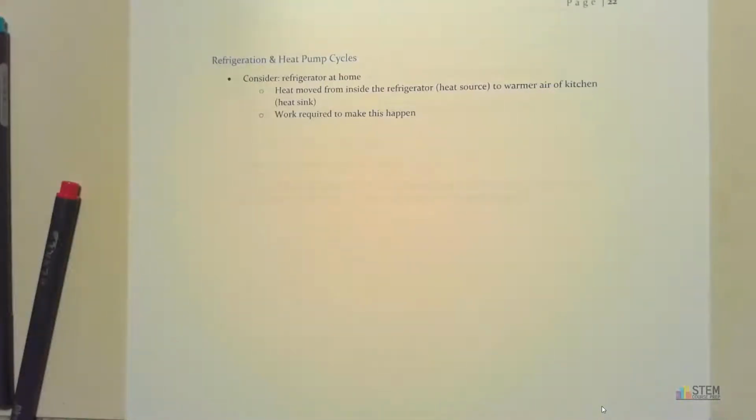Okay, next page, what we're going to have will be refrigeration and heat pump cycles. These might be easier for you to imagine because you've obviously seen a refrigerator. So let's consider that example. We've got a refrigerator in the kitchen at the house. What happens with that refrigerator is we've got heat that's moved from the inside of the refrigerator, which is going to be a heat source.